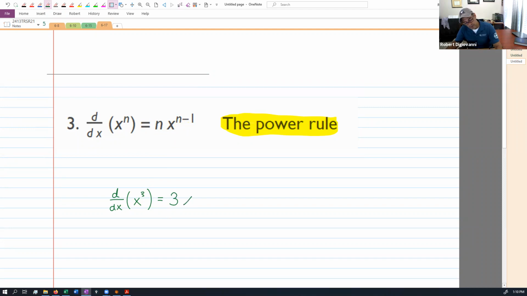So I'm going to do x raised to the 3 and take away 1. And this gives me 3x squared. So essentially the power comes out in front, the 3 comes out in front. And then it's just x to 1 less than 3, which is 2. And we're done. That's what the formula says.